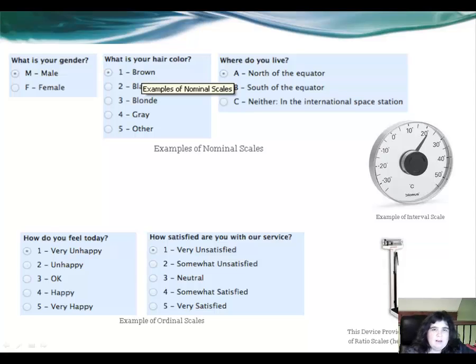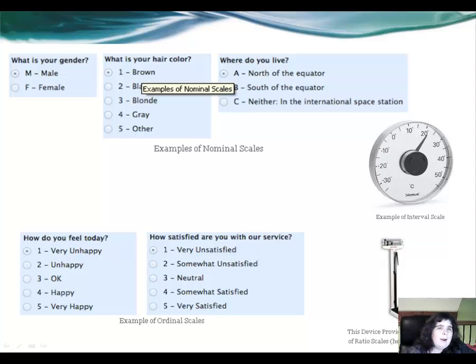Nominal, in a sense, is yes or no, or male and female. And you're choosing one of those answers between male and female. And then we have ordinal scales, which are scales of equal distance between each other. So very unhappy, unhappy, okay, happy, and very happy. That's actually a Likert scale of a 5-point scale.